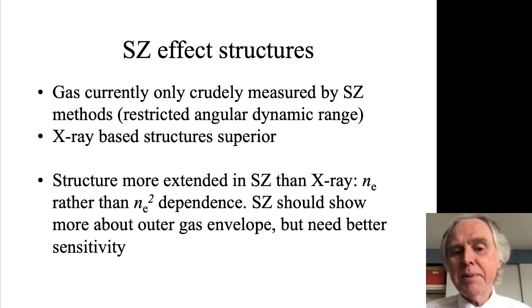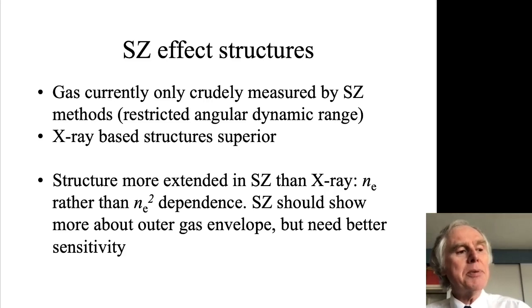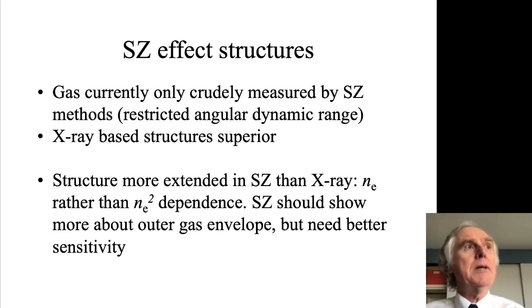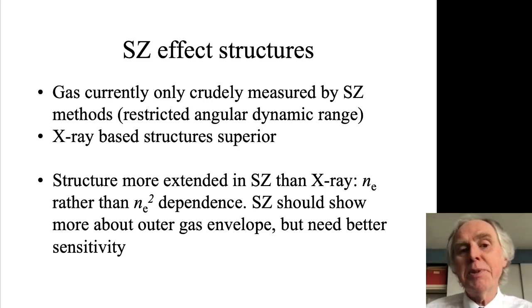Of course, you need high sensitivity to do that, but potentially that's something that can be coming along in the near future. And people have made a stab at this by stacking measurements of multiple clusters and just adding them on top of one another to try to pull up the sensitivity to the outer gas.